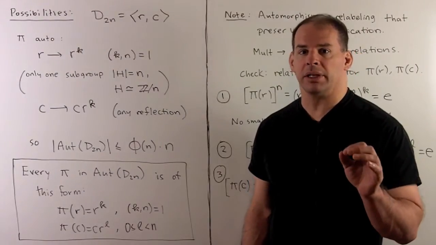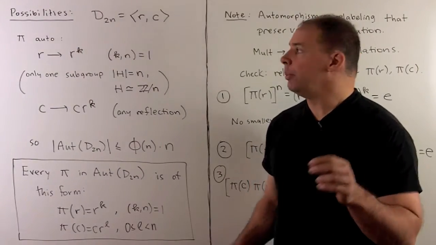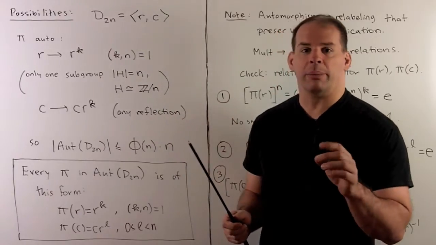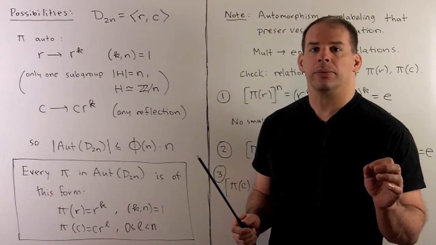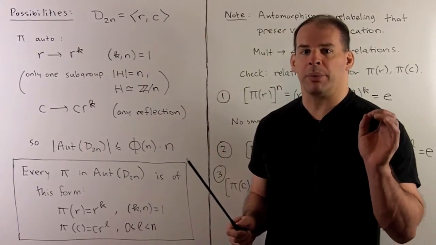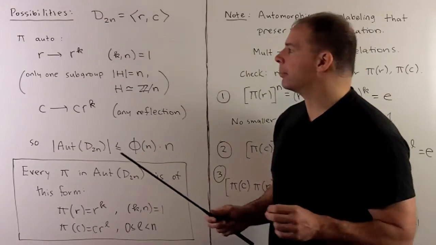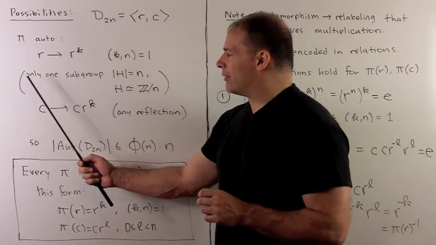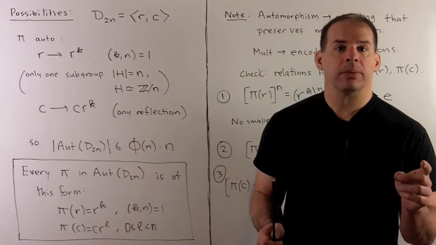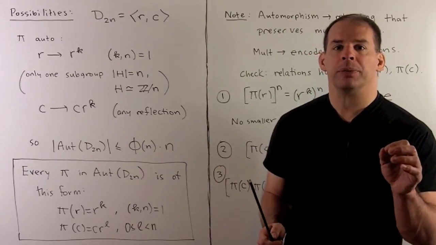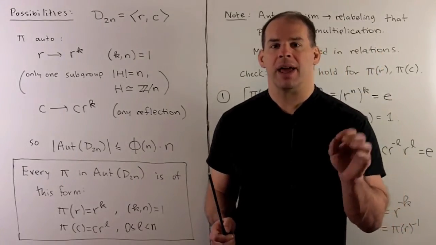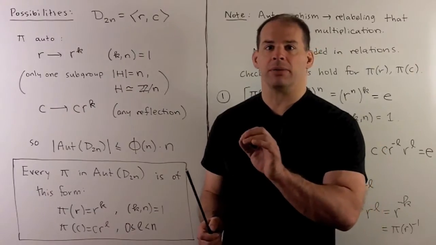Let's count the possibilities. We know D sub 2n is generated by R and C. If we have an automorphism pi, where can we send R? Now, we have only one subgroup of order n, the rotation subgroup. So any automorphism has to send that subgroup back to itself.